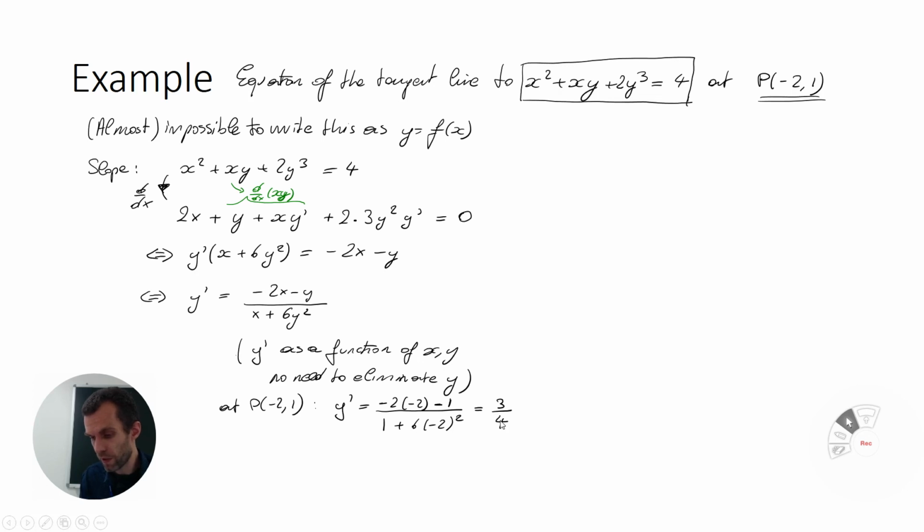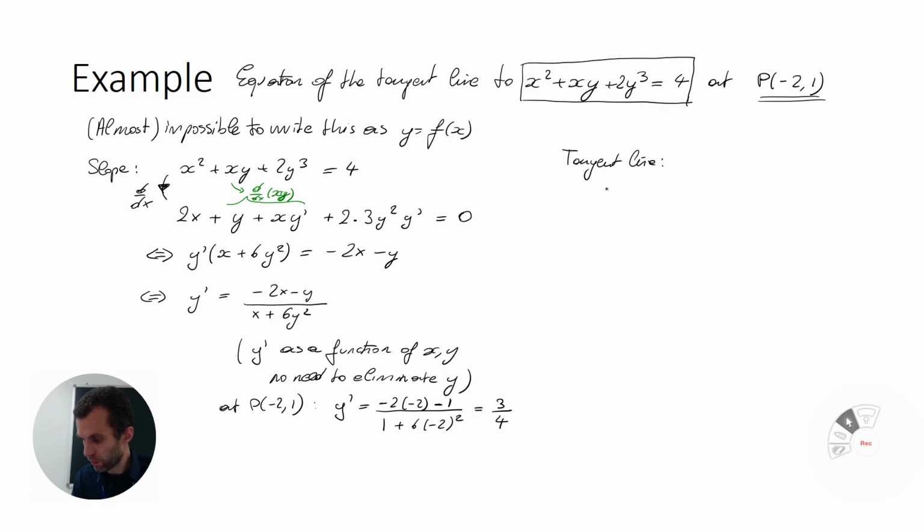And you see how easy this is, just implicit differentiation. Don't worry about eliminating y, it's not necessary because you only need it at a single point and you have the y value right there. And then to wrap it up, we can write down the equation for the tangent line.